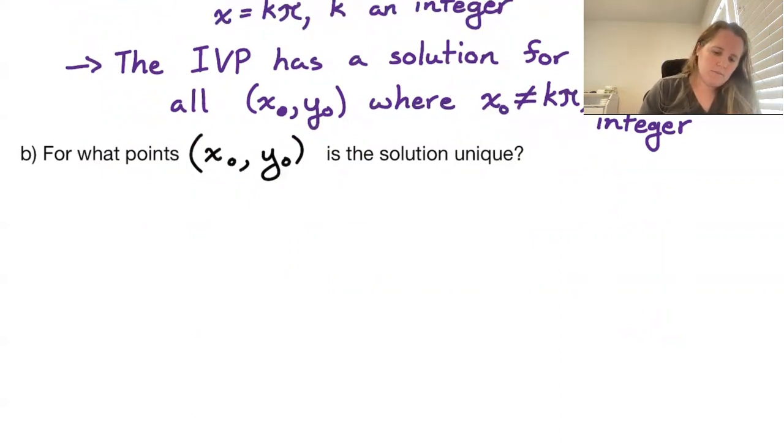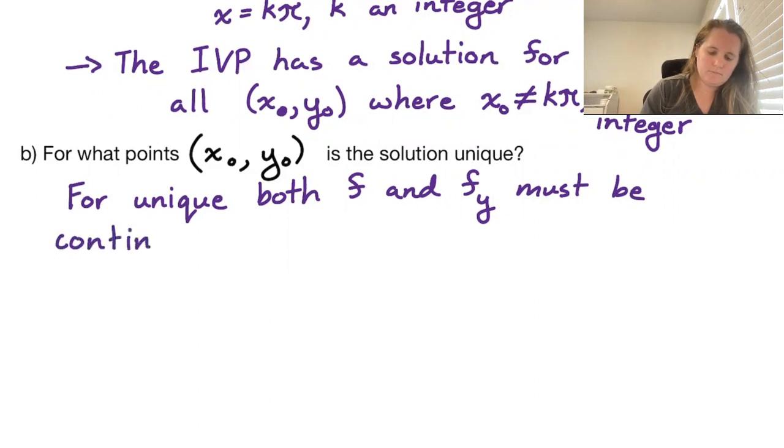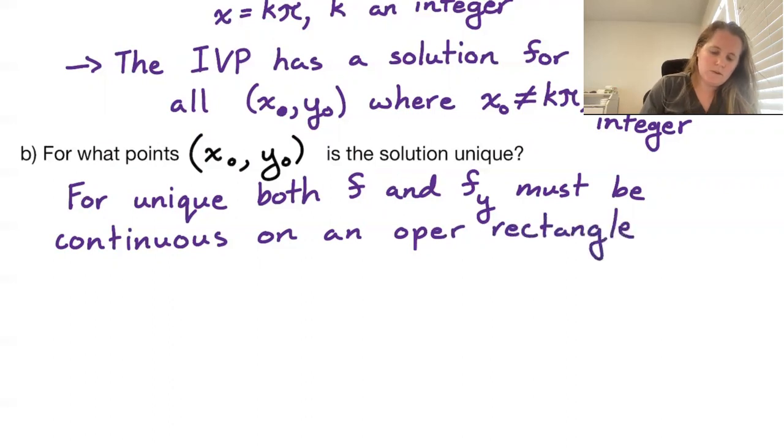So for uniqueness, both f and the partial of f with respect to y must be continuous on an open rectangle around x naught, y naught.